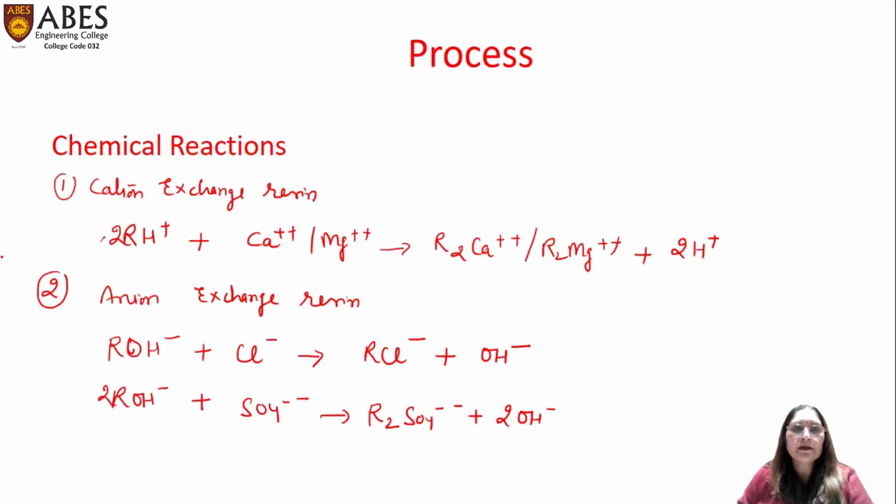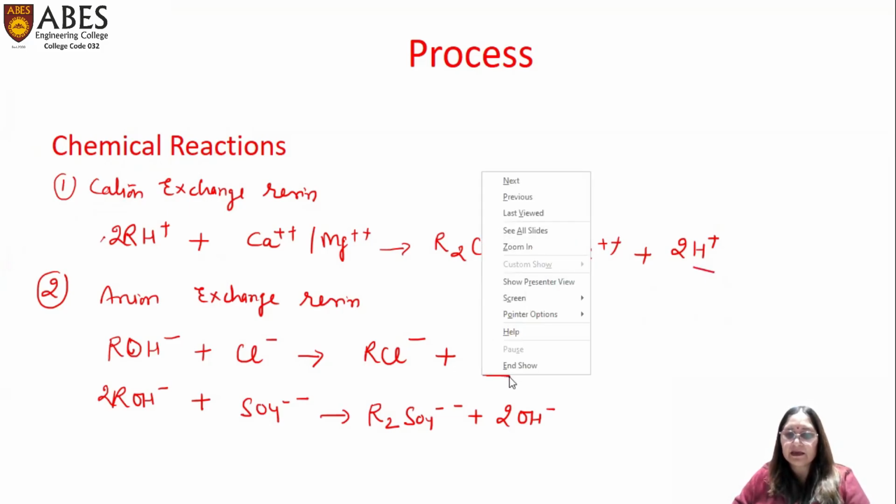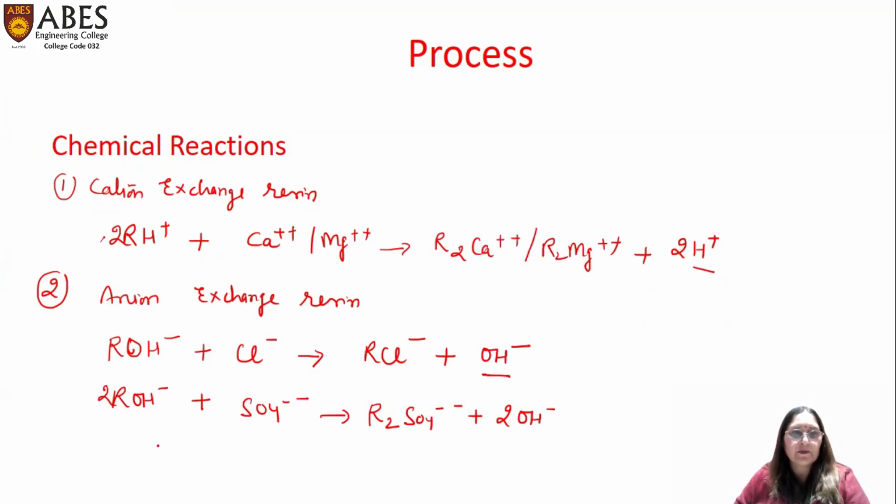You can see here cation exchange resin gives H+ and anion exchange resin gives OH-. H+ plus OH- combine to form H2O.